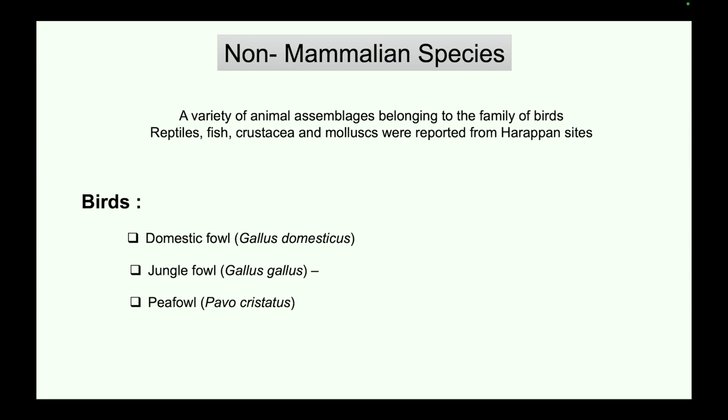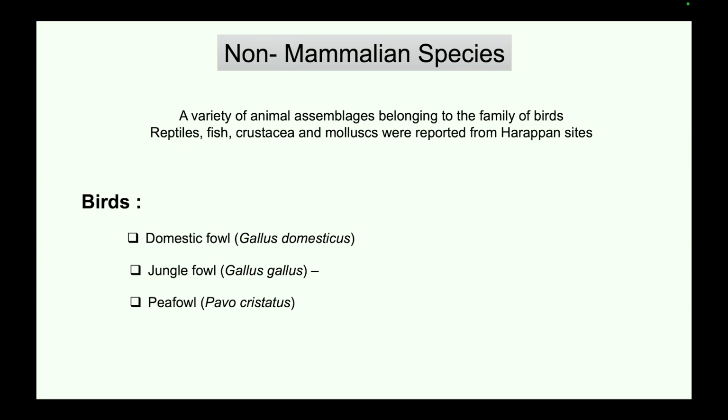If we see the non-mammalian species, then a variety of animal assemblage belonging to the family of birds, reptiles, fish, crustacea, and molluscs were reported from Harappan sites.